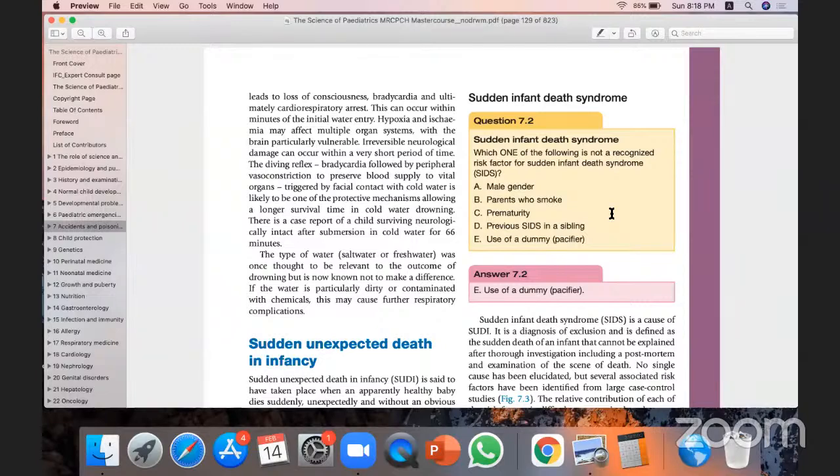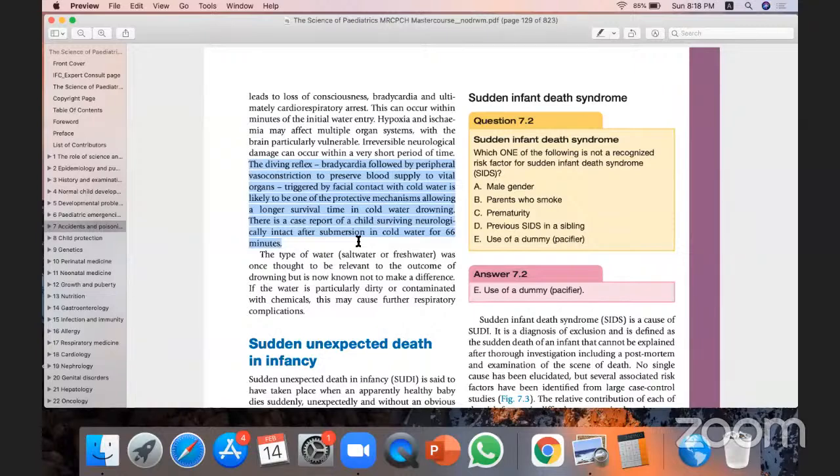Now the diving reflex. Diving reflex means cold water. Cold water causes bradycardia. We use this reflex in one disease. Who can tell us in which disease we use this diving reflex? We use cold water or ice for treatment. Ma'am, in SVT. Yes, vasovagal reflex. It is called the diving reflex.